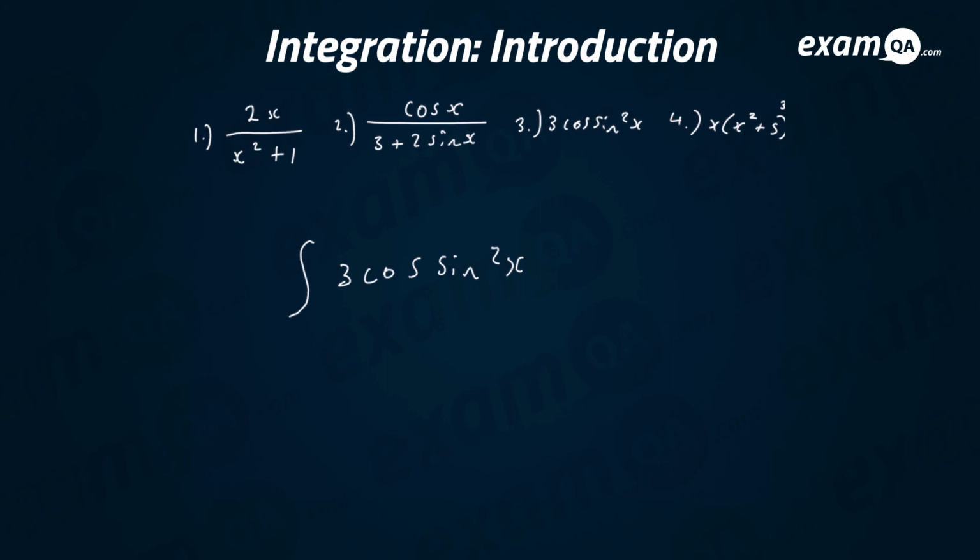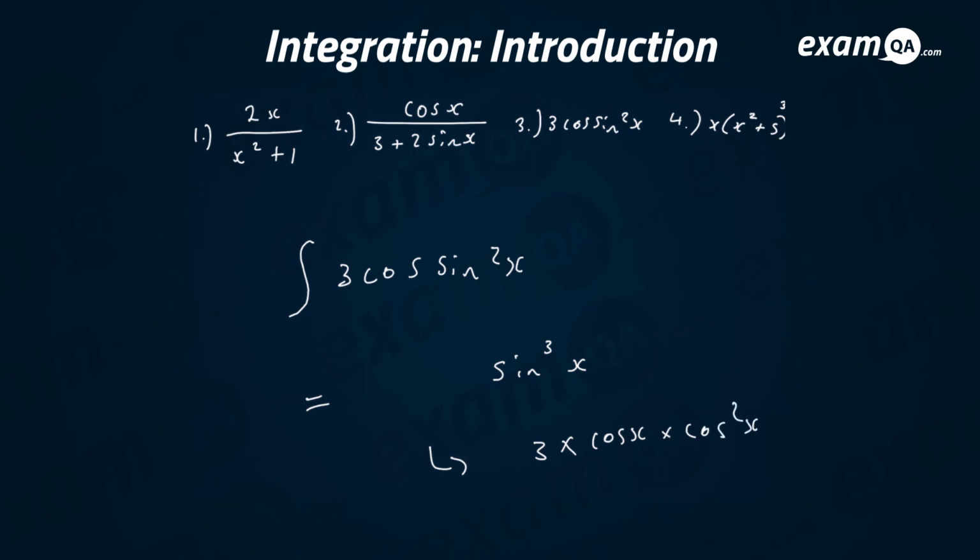You have to recognize that this must have come from sine cubed x. Because if you differentiate sine cubed x, what do you get? You'll get 3 times, then you differentiate sine x, cos x, times sine squared x.